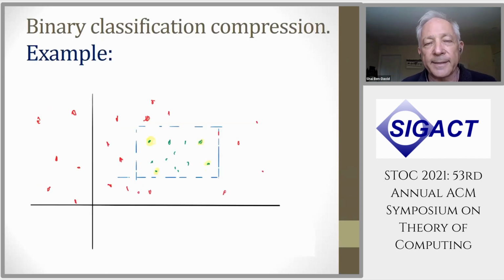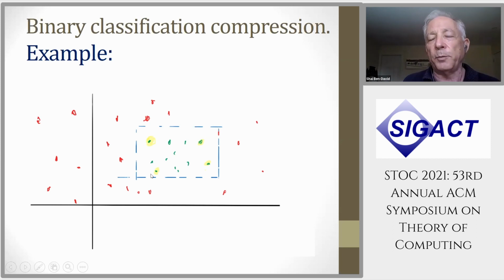So I want to say something about compression schemes. Compression schemes were introduced by Manfred Warmuth and Nick Littlestone in '86, for sample compression for binary classification. So I'll just give an example. Assume you get labeled points which are colored according to whether they are inside an unknown square or outside the square. And you can somehow compress all the information here to just picking the leftmost, the uppermost, the rightmost, the bottommost point.